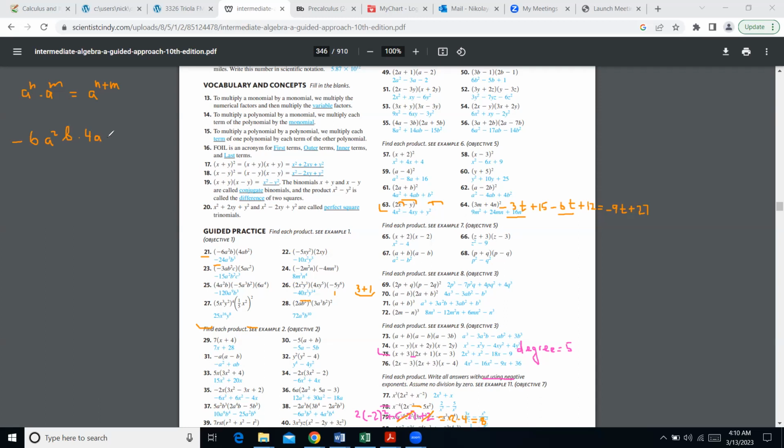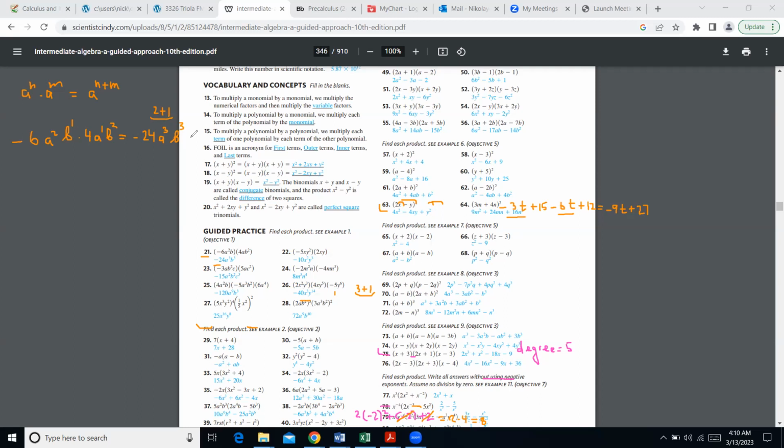So I have to multiply numbers separately, get -24, and then start to add powers of a. So we have a to the first and a to the second. If I add 2 and 1, this will give us a to the power of 3, right? And with powers of b it is similar. So we have here powers 1 and 2. When I add these, I get also b to the power of 3.